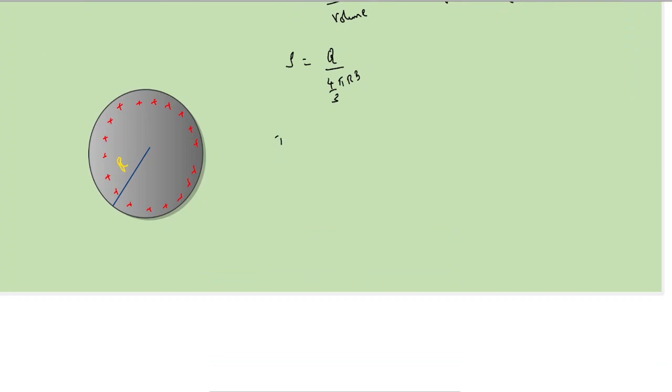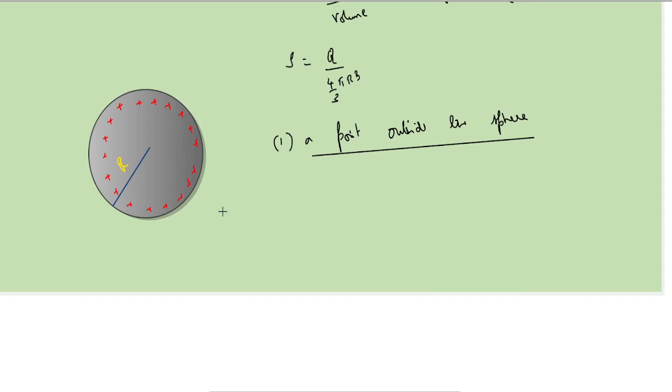We'll take case 1, for a point outside the sphere.